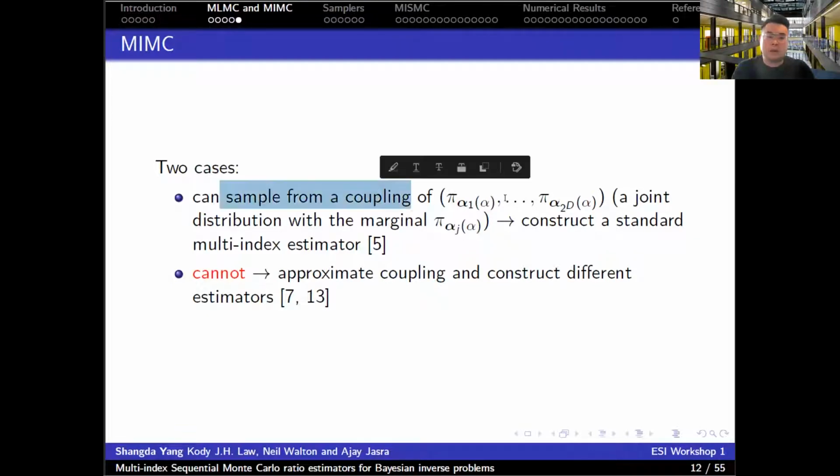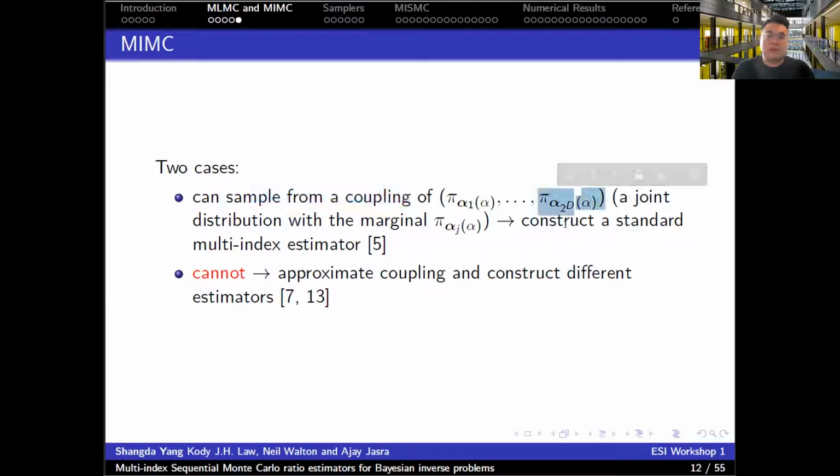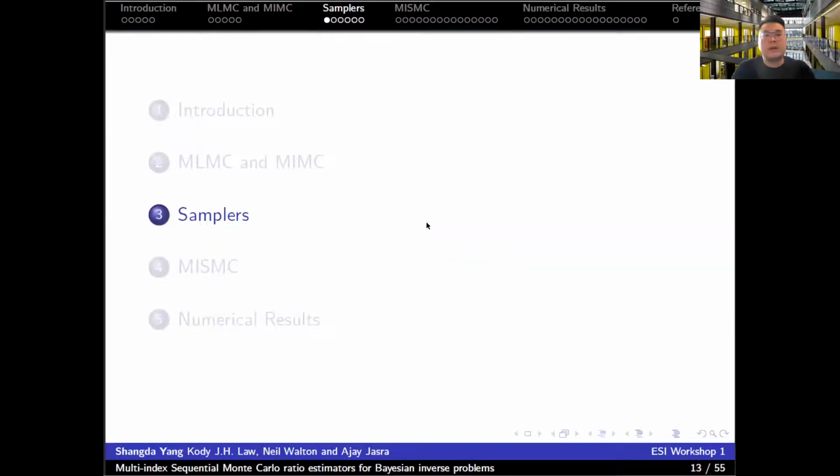We can sample from this coupling distribution and construct standard multi-index estimators. Another case is that we cannot sample from this exact coupling distribution, so we have to use approximate coupling and construct different estimators. These are the main points that we are considering in the following sections.